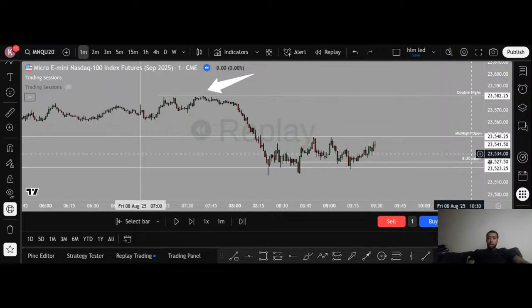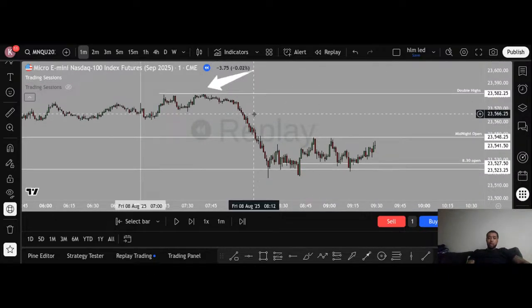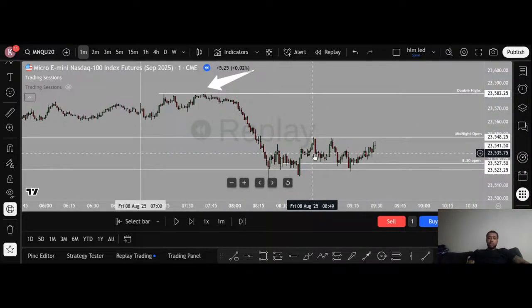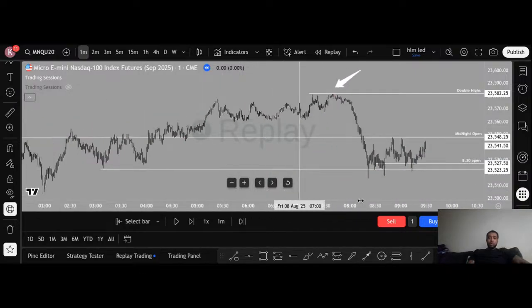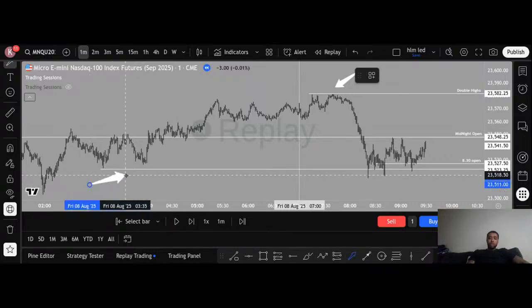Right before market open, I'm targeting here. So we already got a sweep. That's key. No sweep, no trade. We already got a sweep.